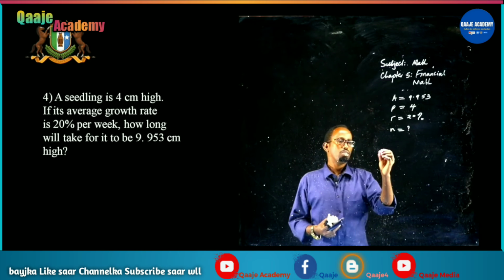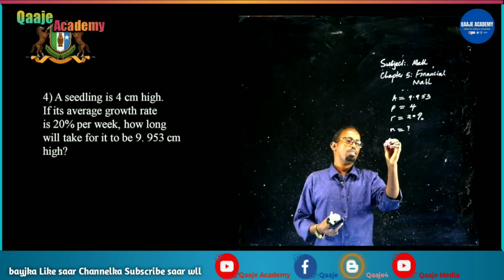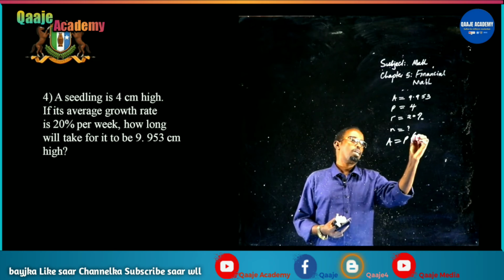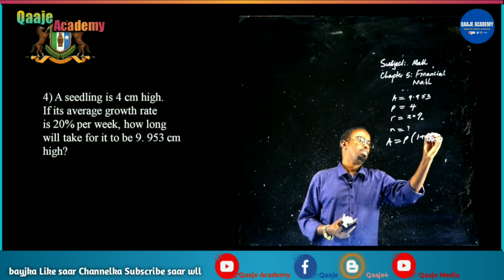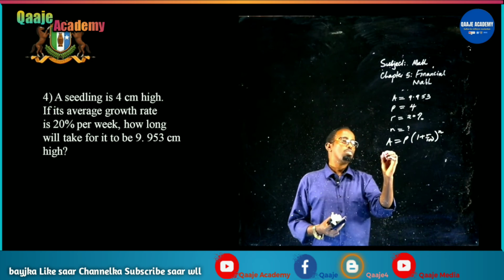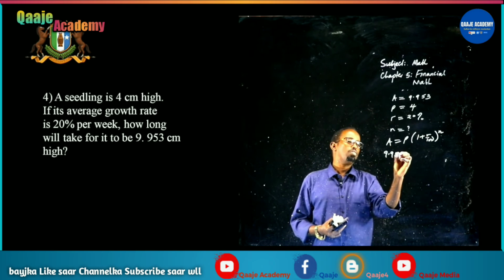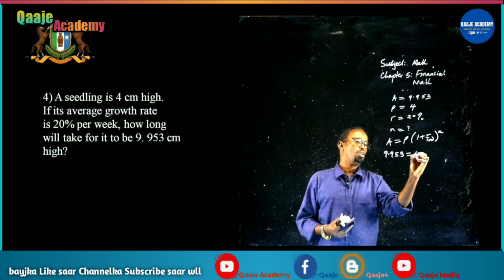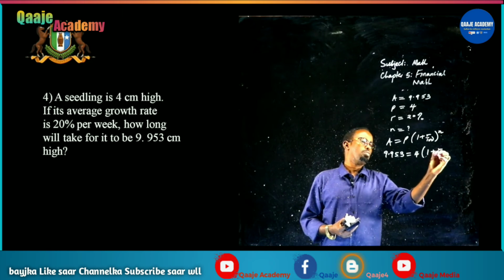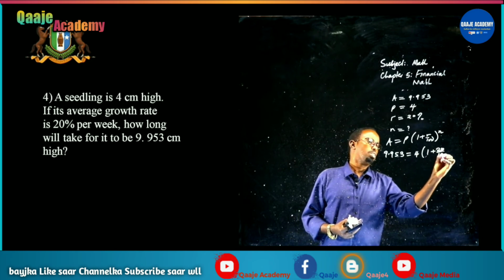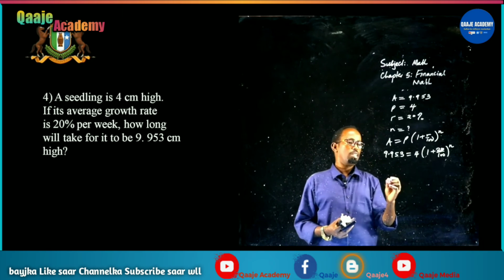So A is equal to P, bracket 1 plus R over 100, into bracket N. So 9.953 is equal to 4, bracket 1 plus 20 over 100, into bracket N. We don't know N.